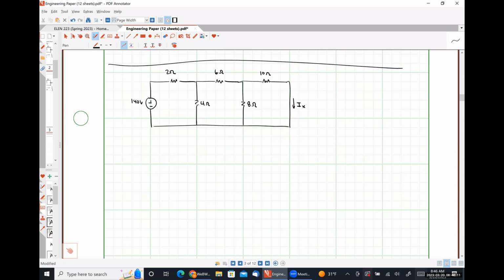Here's the Ix that we're going to solve for. You guys have any thoughts on how you might want to solve for this? Or you're going to let me have free reign? If you let me have free reign, I'm doing voltage division twice.